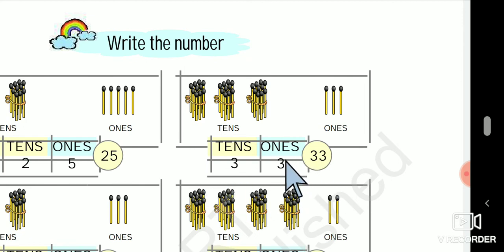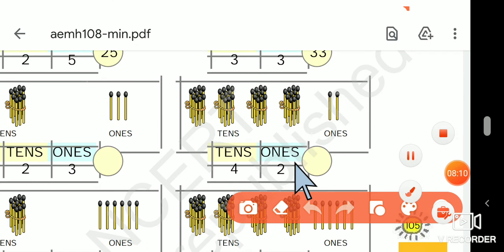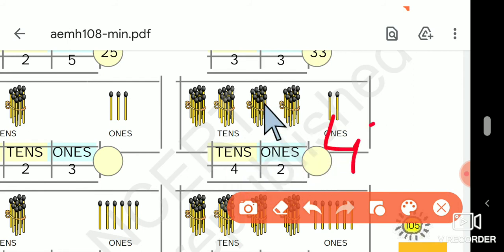So 3 tens and 3 ones is equal to 33. There are 4 bundles means 4 tens. And loose matchsticks, counting 1, 2. 4 tens and 2 ones is equal to 42.